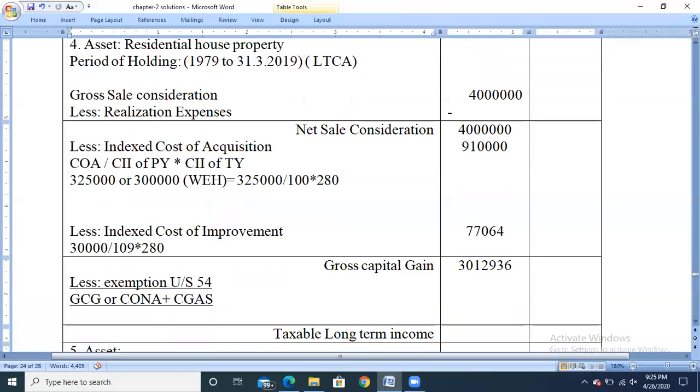So the gross capital gain is 30 lakh 12,936, or cost of new asset is 2,25,000 plus amount deposited in a capital gain account scheme is rupees 75,000. So the value is 3 lakh rupees.